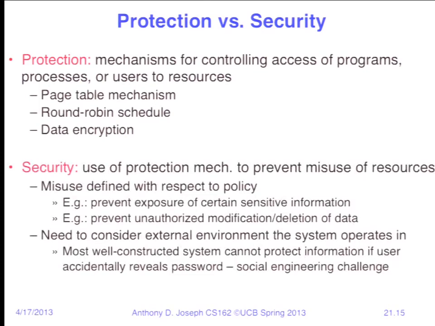Now, given protection, we can then have security. We'll use these protection mechanisms and some policy to prevent the misuse of resources. Now, we need a policy because that's how you define misuse, right? You're using something other than the way it should be used, or an adversary is. So, for example, we might want to prevent the exposure of sensitive information.